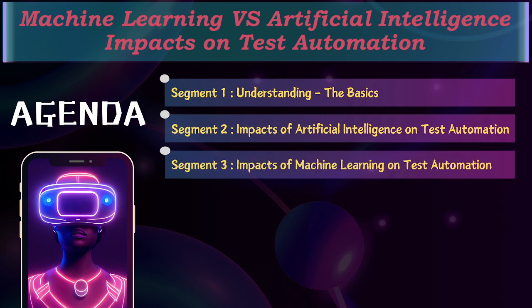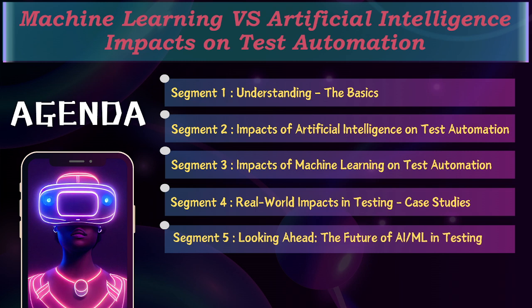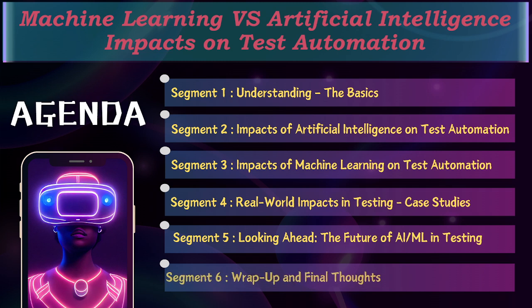In segment 3, we will see the impacts of machine learning on test automation. Segment 4, real world impacts in testing, some case studies. In segment 5, we will see looking ahead, the future of AI and ML in testing. And in the last segment, we will wrap up and then we will see the final thoughts. So let's start.